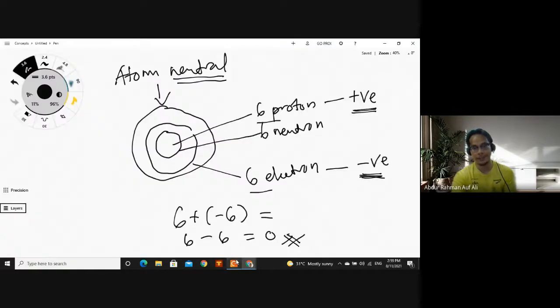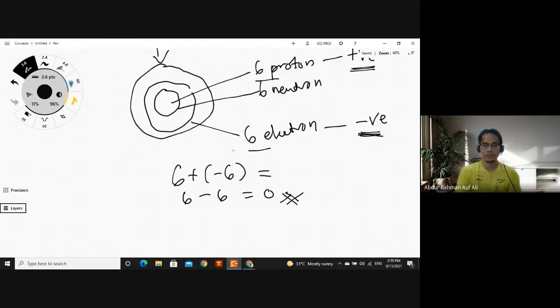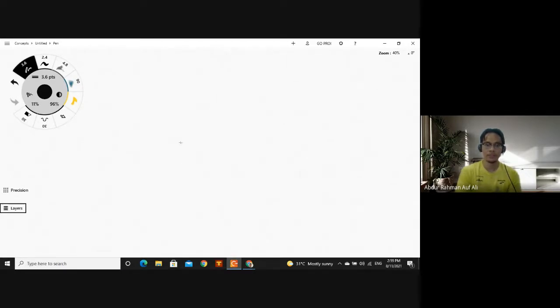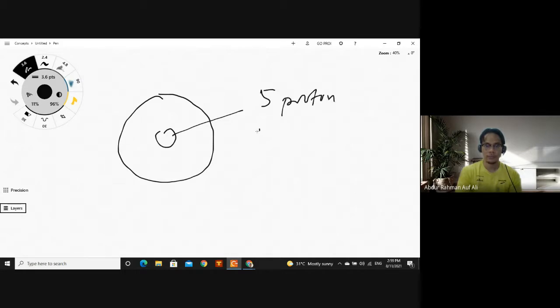So what does that mean? So if we have an atom, this is the nucleus, 5 proton, 6 neutron, and ada 6 elektron.